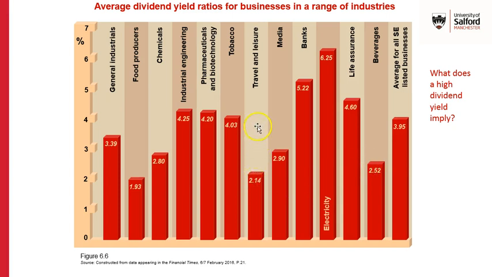Dividends are not the only form of return. Share prices can increase in future, so you do get the increase in price of the share. So you might be investing in a company that's not paying a high level of dividends, but the share price is going up because they're retaining their dividends and investing in the business, and you're getting a return through the consequential higher share price as a result of its investment.